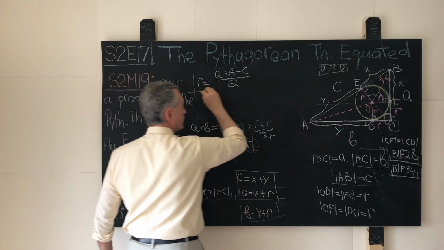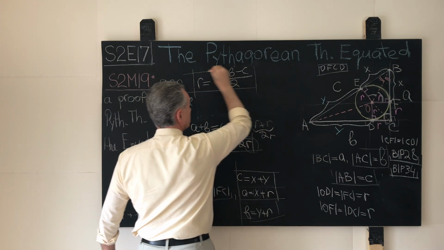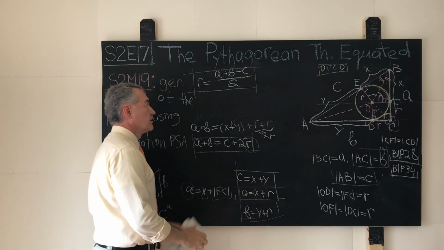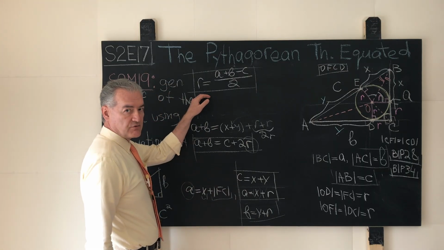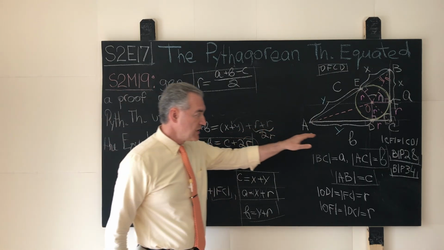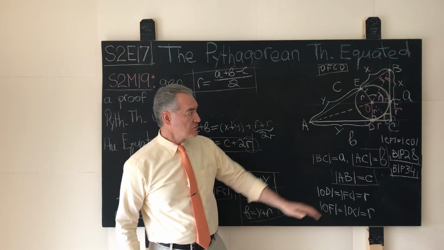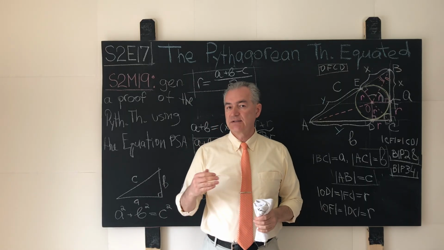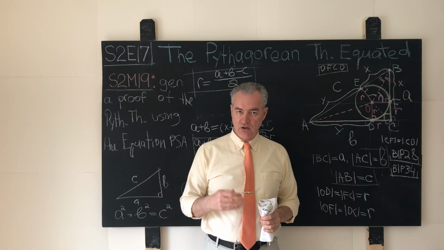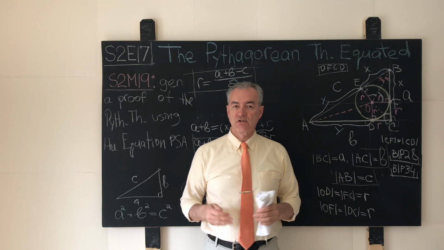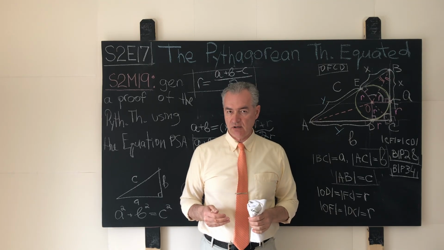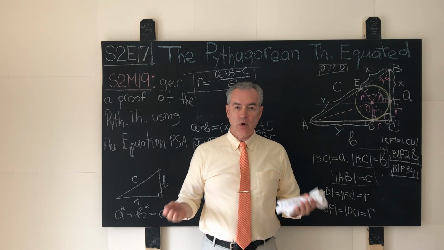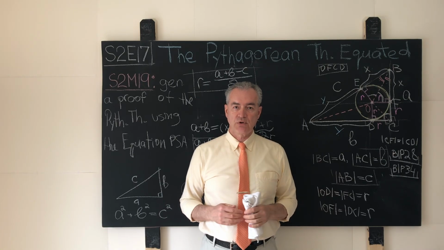And this is our first expression for the length of the inradius R of the given non-degenerate planar Euclidean right triangle. In the next segment, we'll construct a different representation of the length R as a function of the lengths of the sides of the given right triangle. And then we will equate the two expressions, and then we will see what happens.